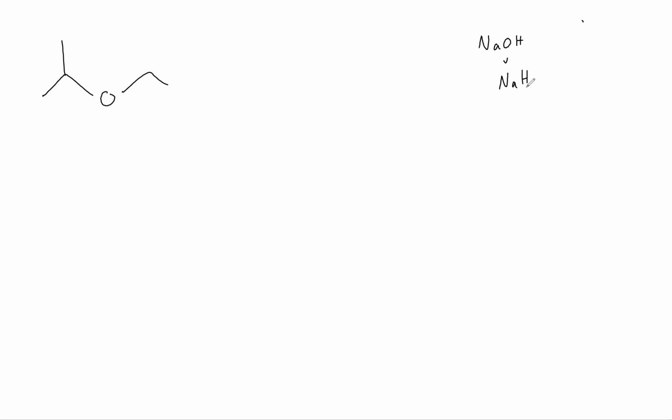But first, we're going to talk about just the general acidic cleavage of an ether. We start out with an acid. Usually this is going to be something like HBr or HI, one of the two.